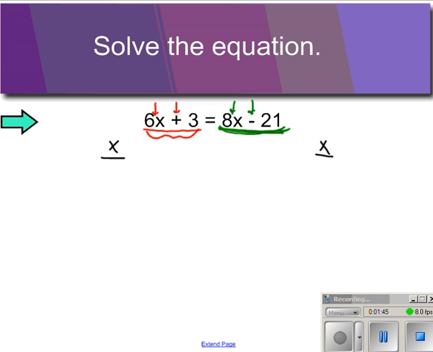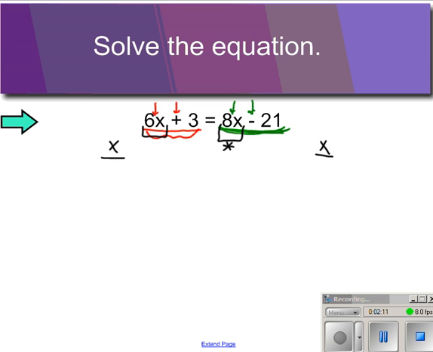When choosing that, there are a couple things you want to keep in mind. Like we talked about in class, it's easier to deal with a positive variable. So when you apply the properties of equality, which side do you want your variable to end up in? On this side, 8x is larger than 6x. 8 is your larger number.